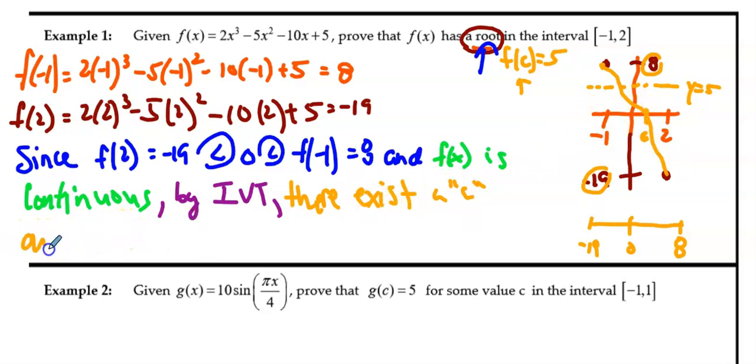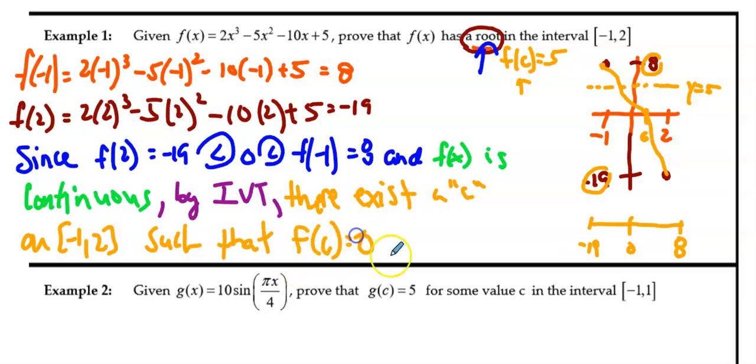So on the interval from -1 to 2, such that f of c, the y value at c, has to equal 0, right? It's got to equal 0. Again, if this had said, prove that there was a root of f of c equaling 5, you would say the same thing. You'd say 5 right here. So the only difference between this problem and this would be the fact that there'd be a 5 here.